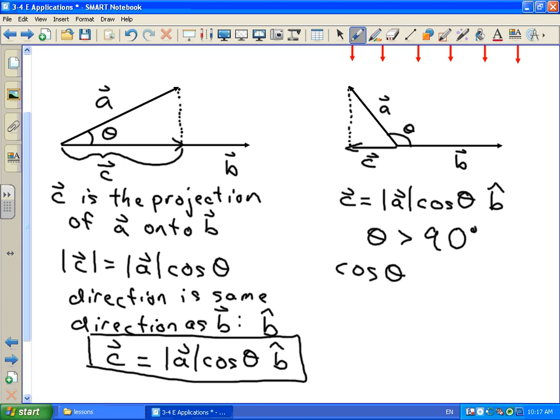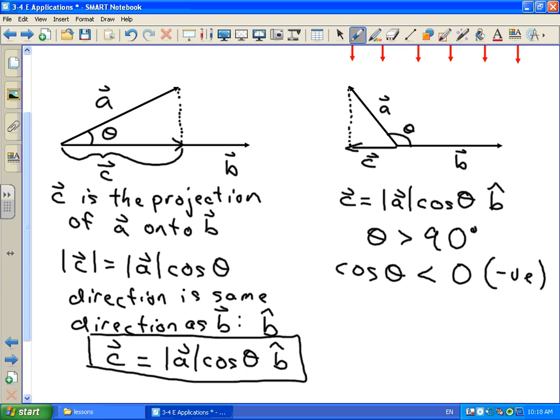So what do we know about the cosine of theta if theta is greater than 90 degrees? Yeah, cos theta is going to be less than 0. It's going to be negative. So this whole term here, A cos theta, is going to give us a negative.